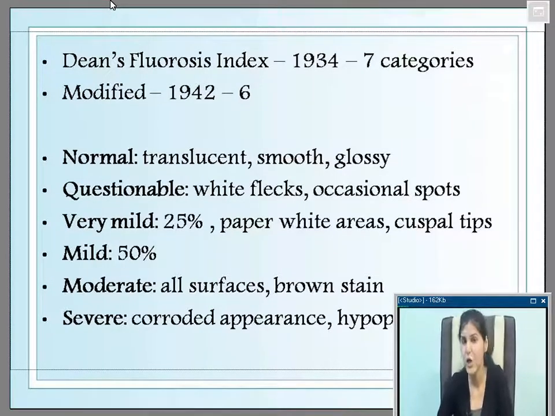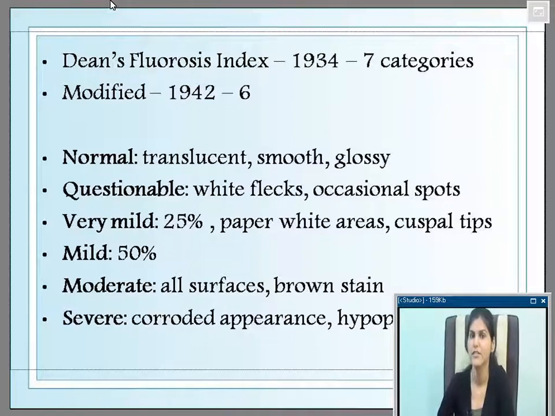Whenever you see words like occasional spot or white flecks, the category that you will put it in is going to be questionable. Whenever you want very mild, the words that you have to look out for are 25%, paper white areas, subtle tips.